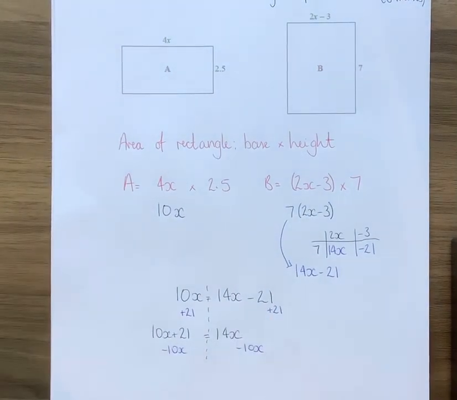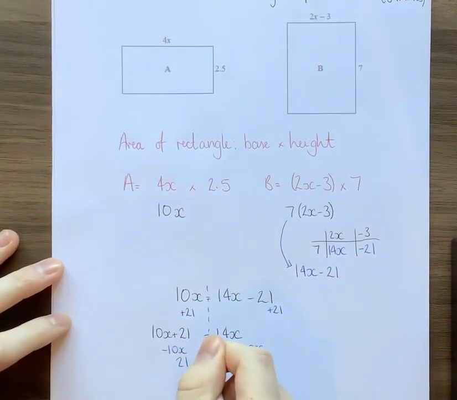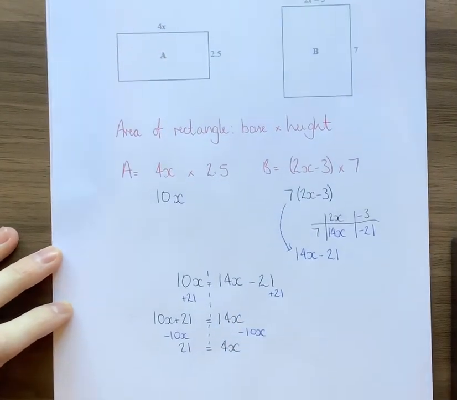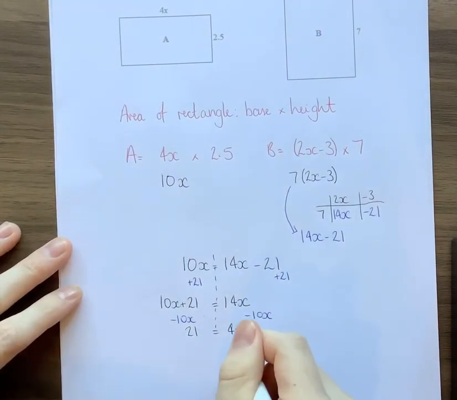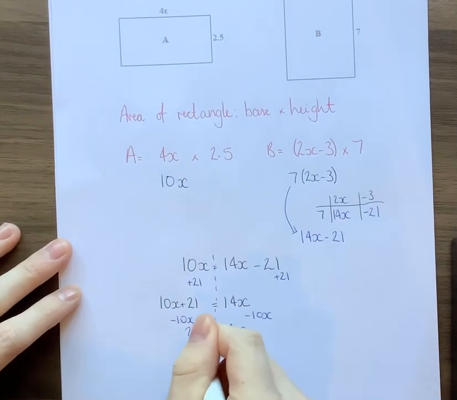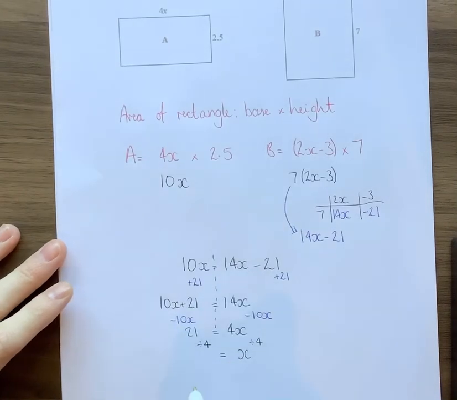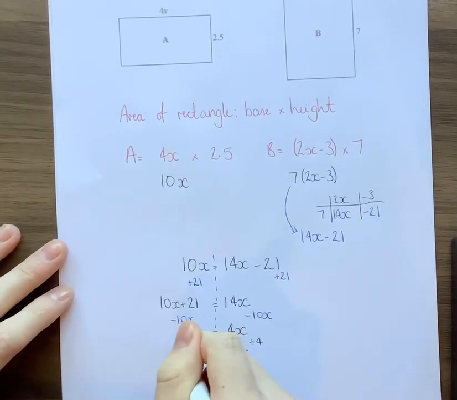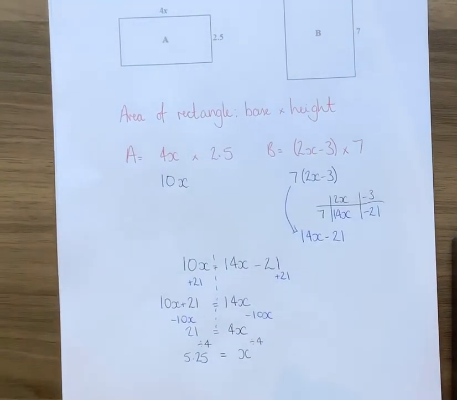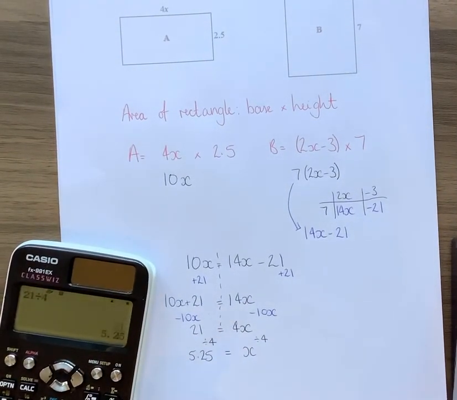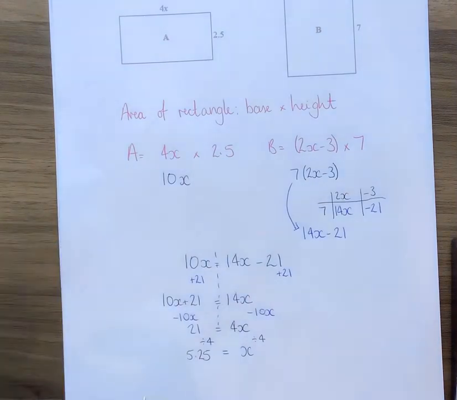So I'm left with 21 equals 14x minus 10x, which is 4x. So 21 is equal to 4x. In order to work out x, I'm going to divide both sides by 4. So 21 divided by 4 is 5.25. I could have used a calculator for that. It's a calculator paper. 21 divided by 4, 5.25.